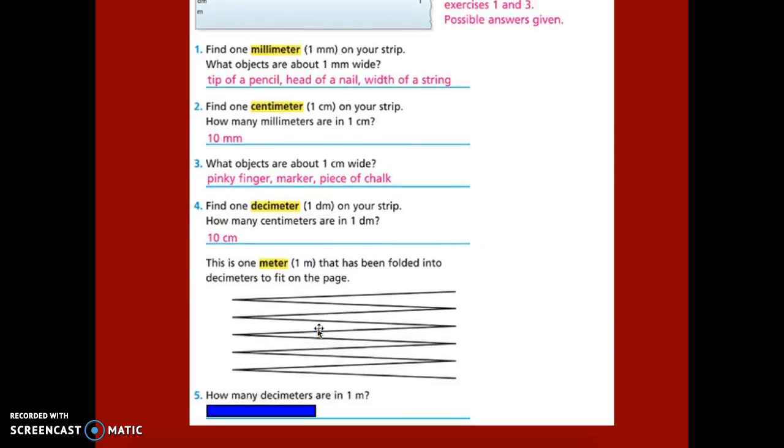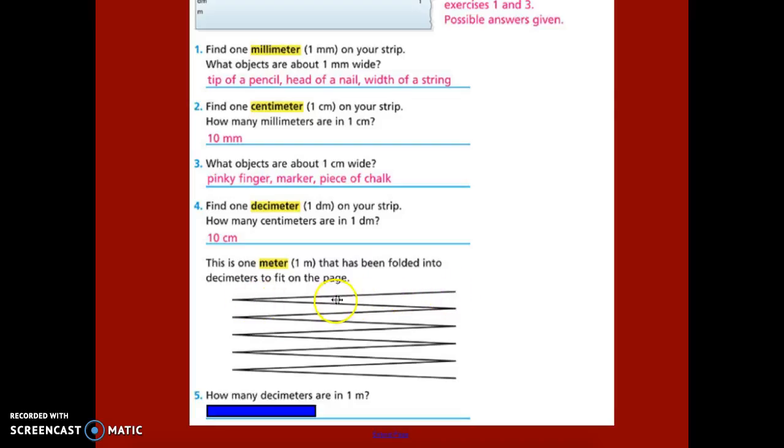Now, this last question says, this is 1 meter that has been folded into decimeters to fit the page. So it's been folded. And we have to figure out how many decimeters are in 1 meter. So each of these is 1 meter long, and we want to figure out how many decimeters there are. So let's count the number of times it was folded.